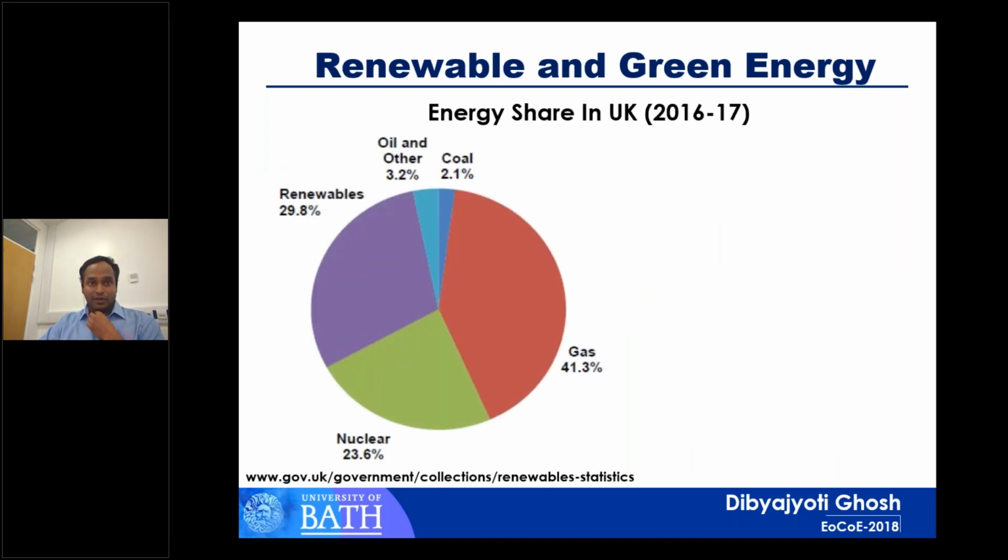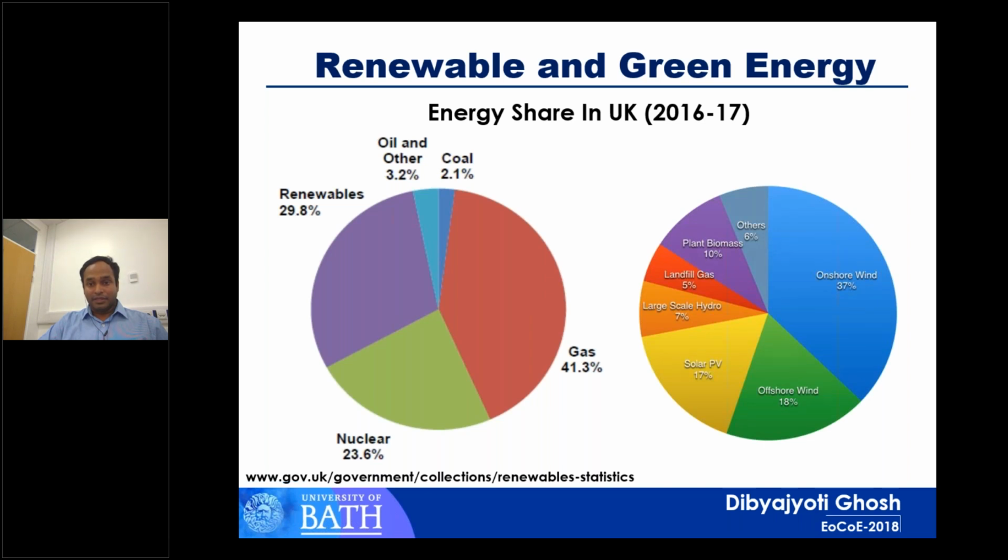Just to see where we are in the UK, we are doing pretty good. In 2016-17, 30% of our usage came from renewable sources, and we are really reducing coal particularly. But still we have gas and nuclear as the other major sources of energy.